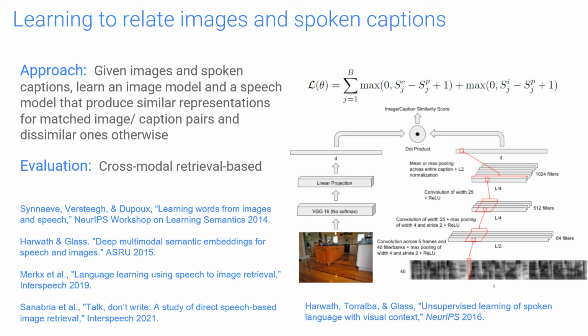And the contrastive loss here is very similar to the one a few slides back, but it combines two contrastive loss terms, one each for distractors from each modality. And this work has generated a large number of variants over the last few years, and they've mostly been evaluated in the context of cross-modal retrieval tasks. But they've also been used for other purposes, like to discover spoken terms corresponding to image regions, for example.